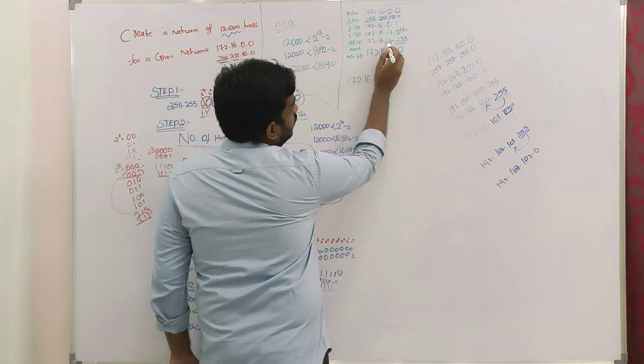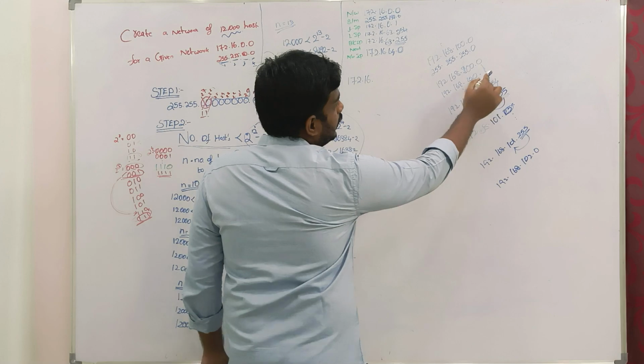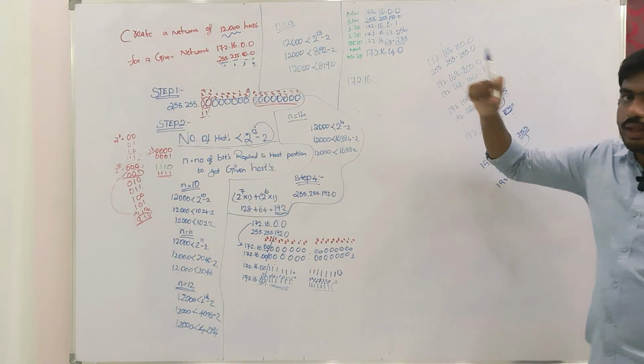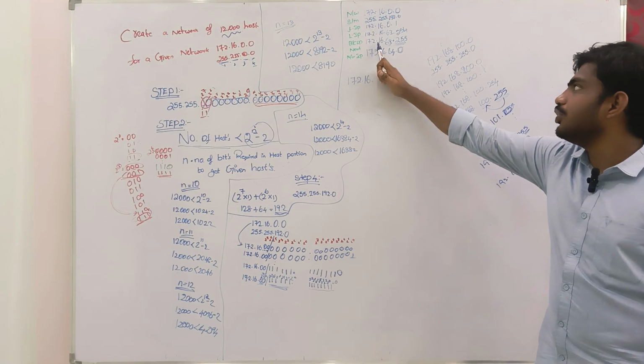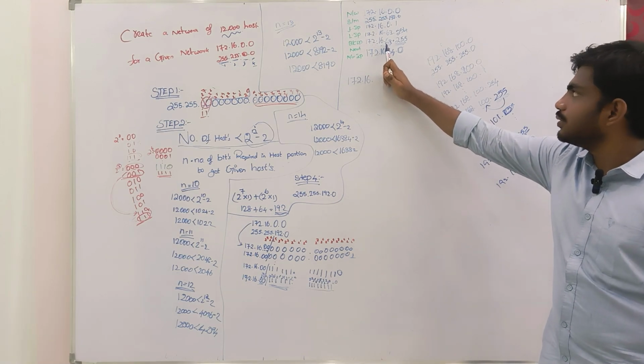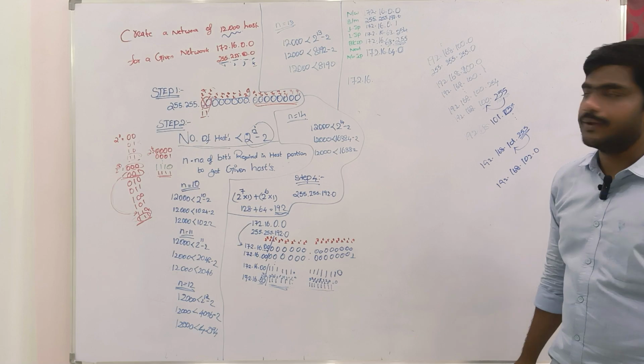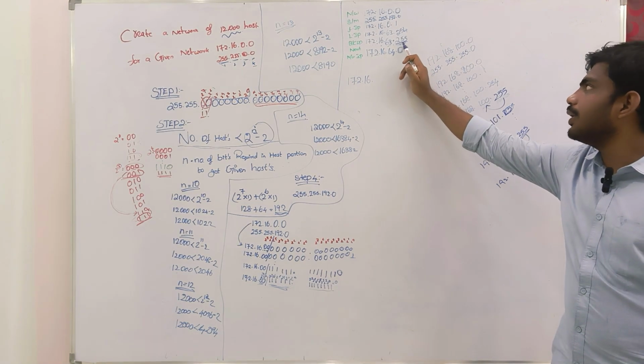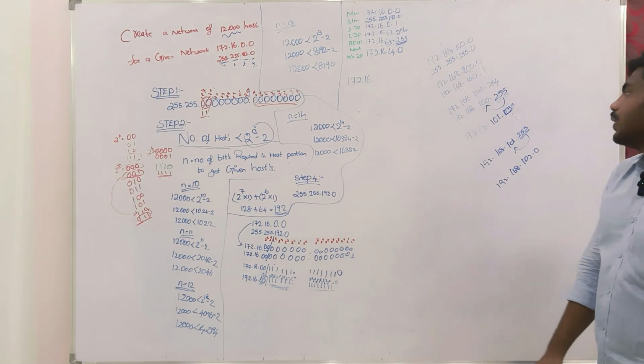You have 63, which is your broadcast IP. I will tell you very clearly: 172.16.63.255 is your broadcast IP. Now come here.